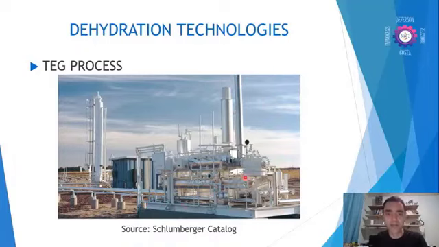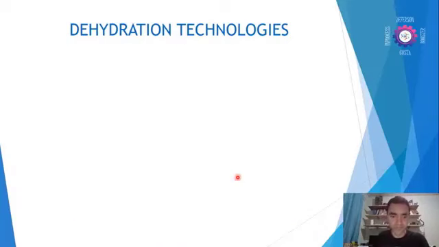It is where the TEG is regenerated, and the absorber column is this one here, and here is where the gas is dehydrated, and the TEG goes to the regeneration, and we have the small column where there is the release of the water content.